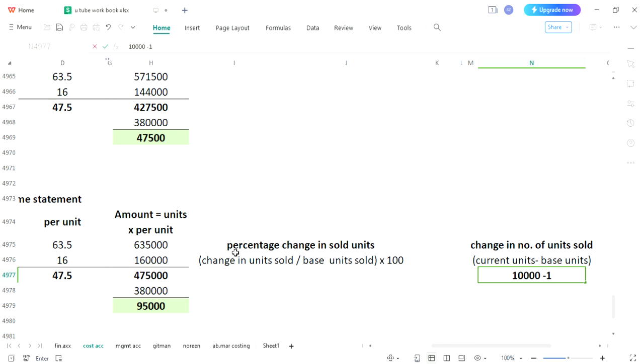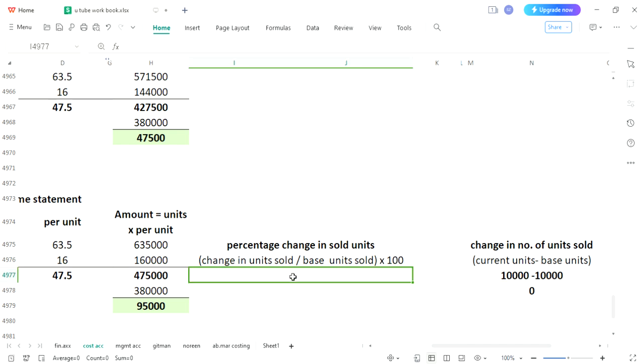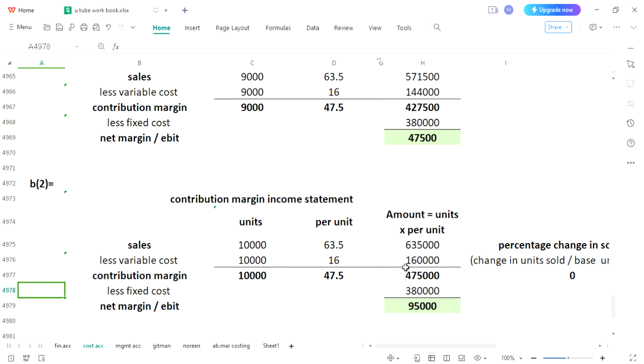It means the same 10,000 units is your base and current units. So finally you have decided that change in number of units sold is 0. Since change is 0, no matter whatever base units are, multiplied by 100 you will get 0. So this is the percentage change in sold units for B2.